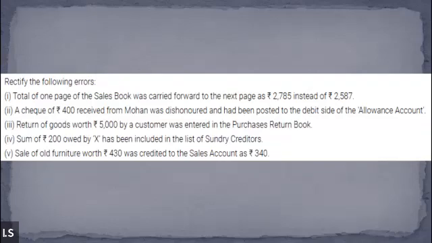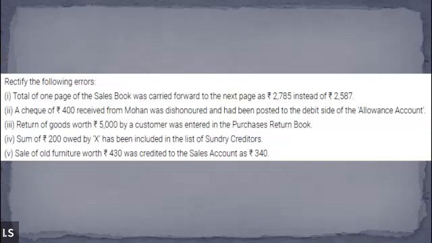Yes, Alexander. Tell me the entries. Tell me the entry for the first one. Sir, sales book debit to suspense account 198. Perfect. Very good. Then the second and third we explained. Second and third, Mohan account debit to allowance account. Yes. And the fourth one: sundry debtor account debit to sundry creditor.